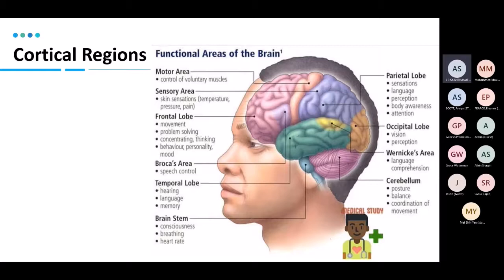Your motor is in the frontal lobe, sensory is in your parietal lobe, occipital is for your vision, and temporal has your hearing, language and memory. Your cerebellum is more to do with your posture, balance and coordination, and your brainstem is all your vital functions, like your breathing, heart rate and consciousness.